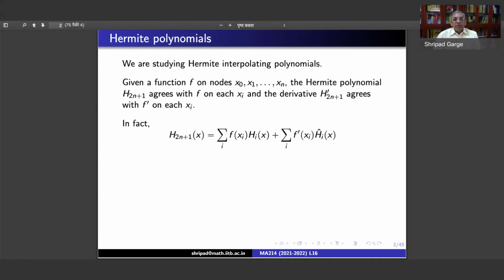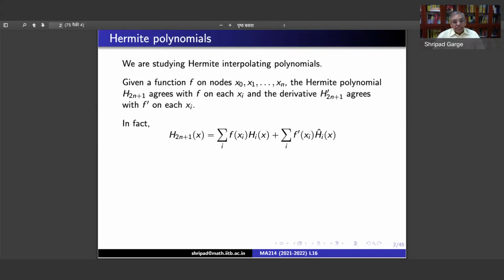In fact, there are these hi that one can compute, for i going from 0 to n. So you have h0, h1 up to hn, n plus 1 polynomials hi, and then there are n plus 1 yet another polynomials which are hi hat.